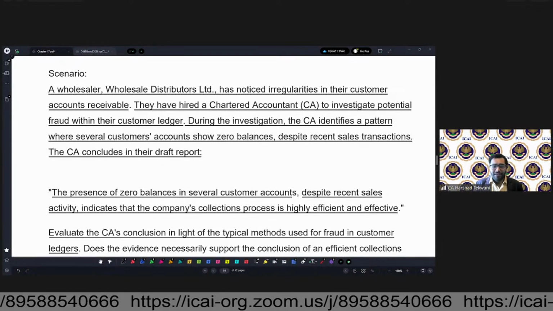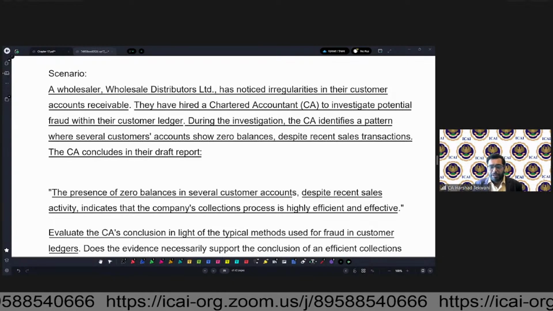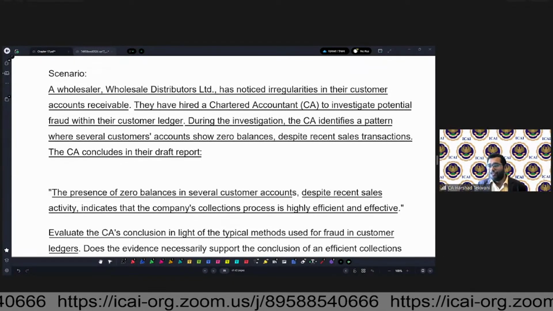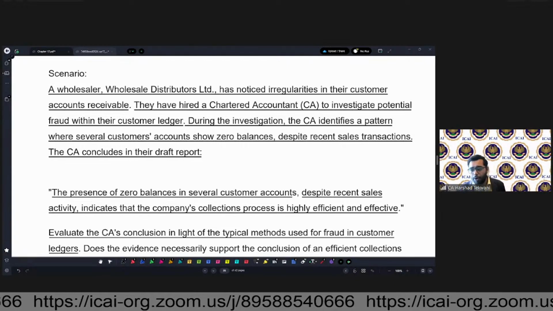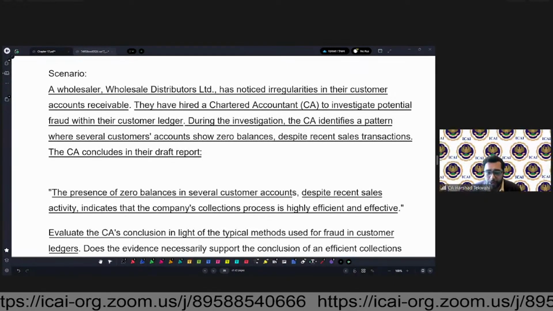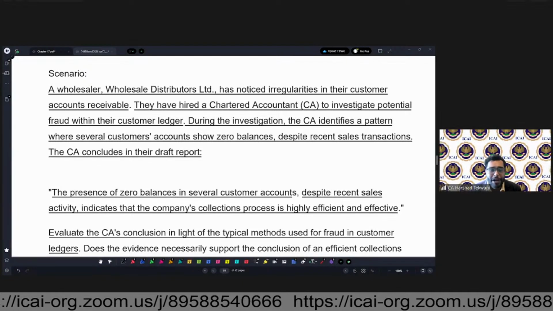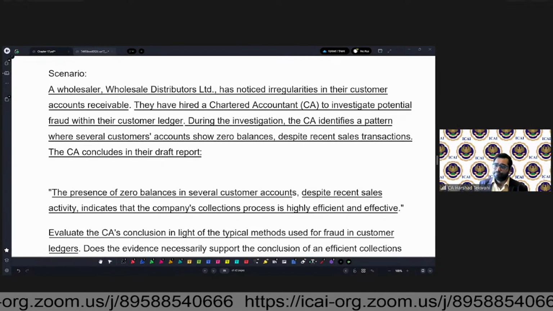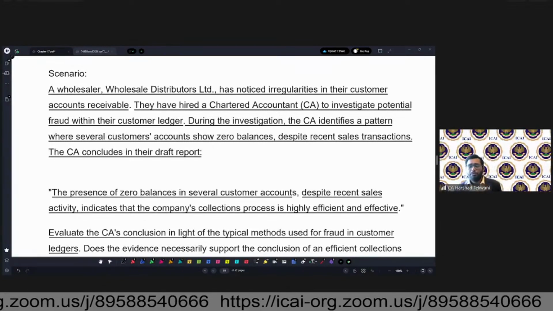So evaluate the CA's conclusion in the light of the typical method used for fraud in customer ledger. Come on. So you need to tell me what kind of frauds could happen over here. Or is it appropriate to term that the process is highly efficient and effective? Okay, Abrakesh.